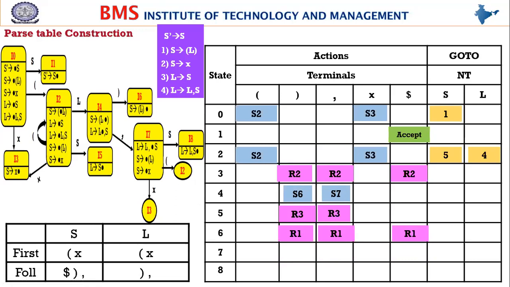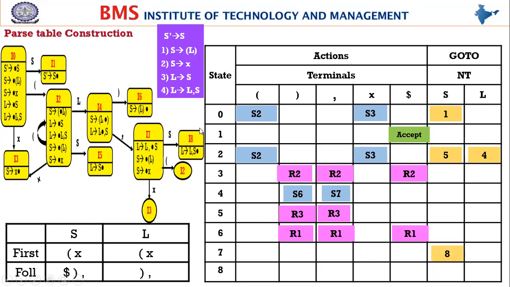Next, state 6 is also a reduce, where the dot has reached the extreme right. We are using the follow of S, which is dollar, closing parenthesis and comma. So we are writing reduce on all of them, and it is based on rule number 1.